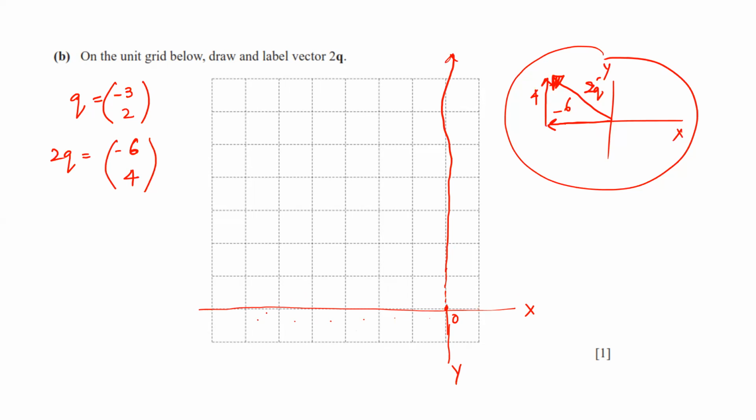So this is the positive side. So this is -6, and 1 2 3 4. So this is +4. So the vector will be something like this. So this will be your 2q vector. So draw a vector like this, showing the origin and the grid, and the location, as well as the arrow, and make sure you draw the hat over the q.